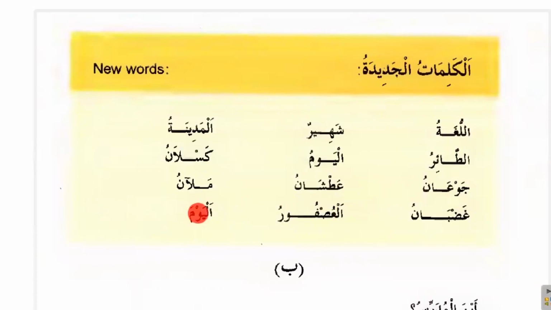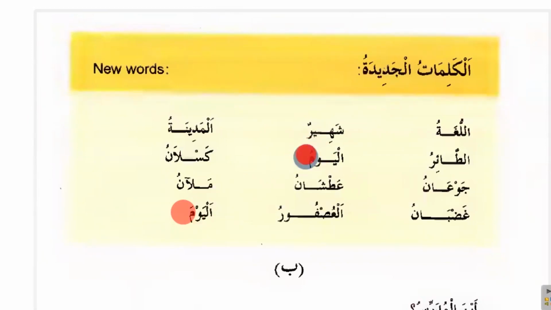Al-yawm, today. Observe something. There's something here that we need to observe. We have al-yawm, how you can see, and then we have al-yawm again. What's the difference between them?